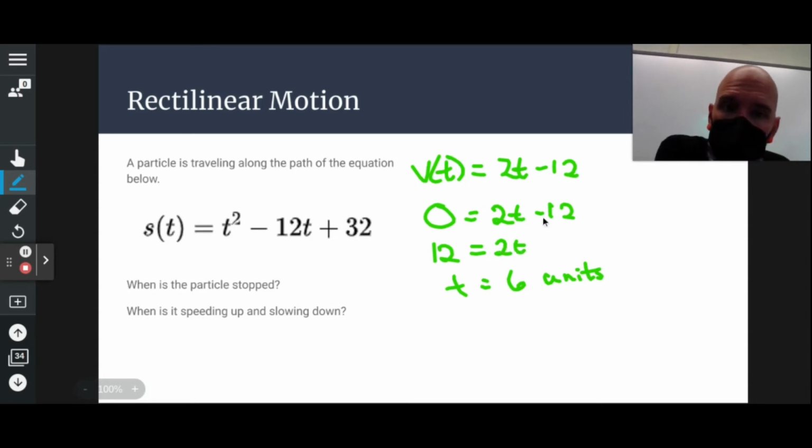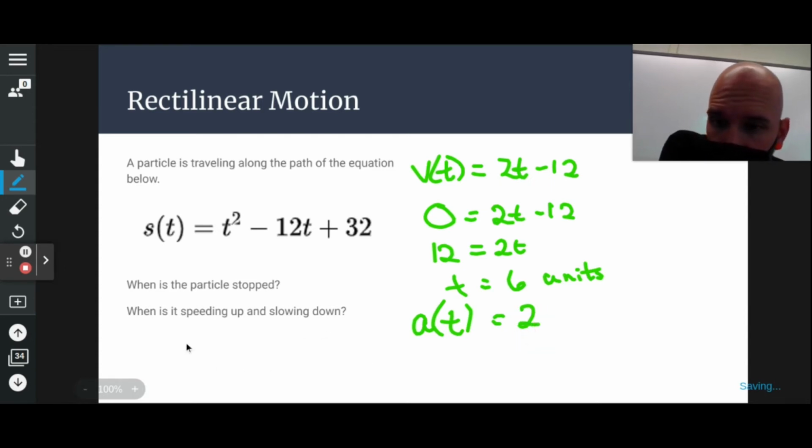This guy is, when is it speeding up or slowing down? It's speeding up or slowing down when the acceleration is positive, speeding up, or the acceleration is negative, slowing down. The acceleration, no matter what, is 2.